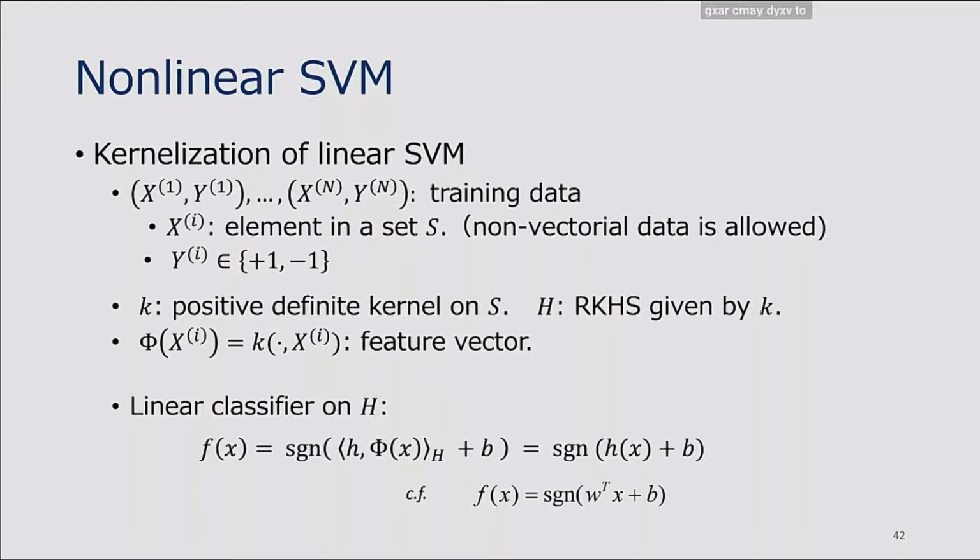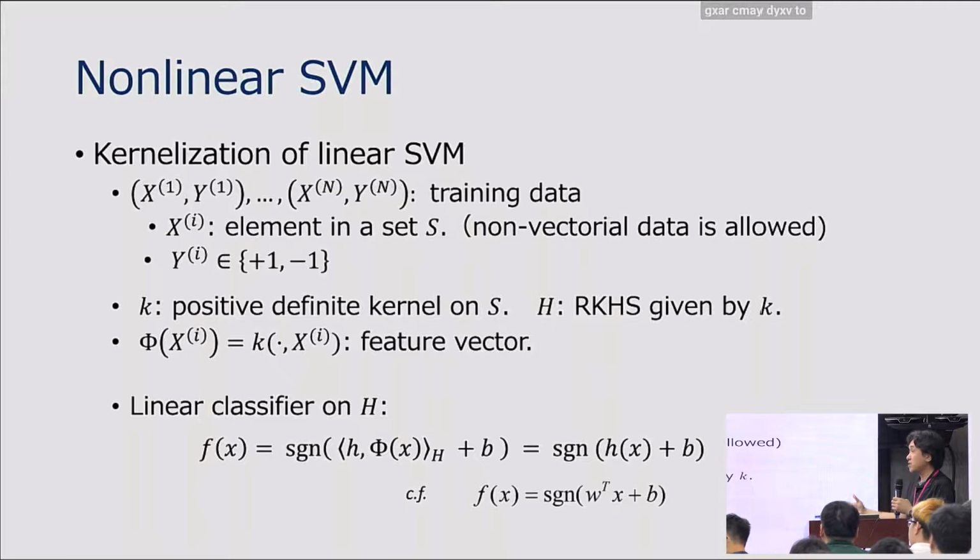And let's consider the linear support vector machine on the feature space. Everything so far in developing the support vector machine is given by the linear function, which is basically given by the inner product between vector and the feature vectors and some vector in the space.